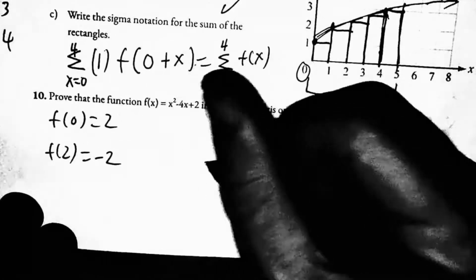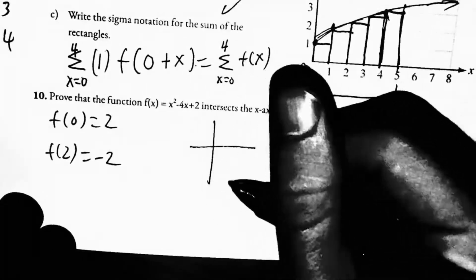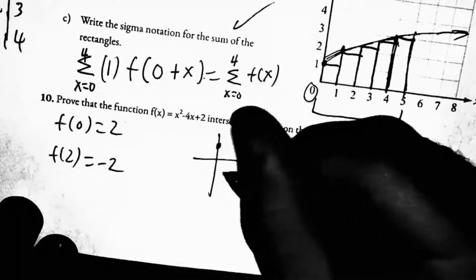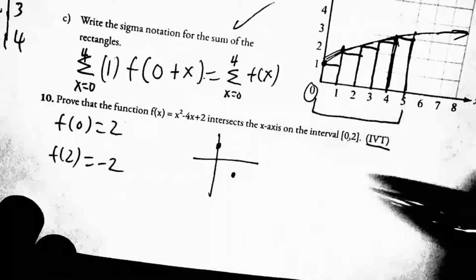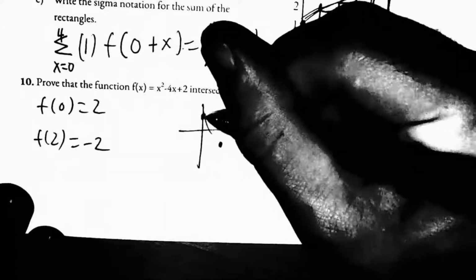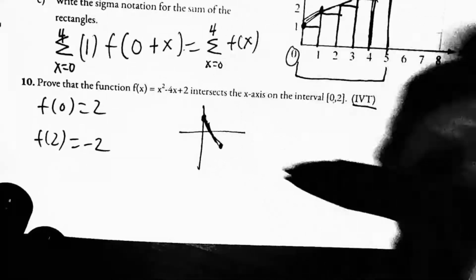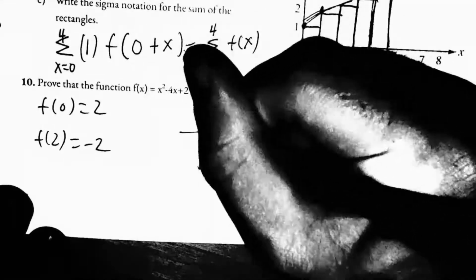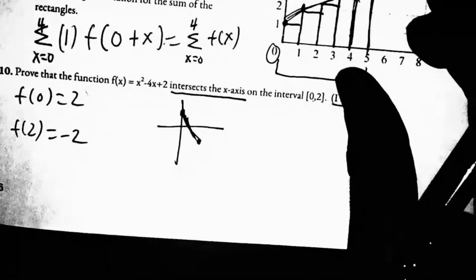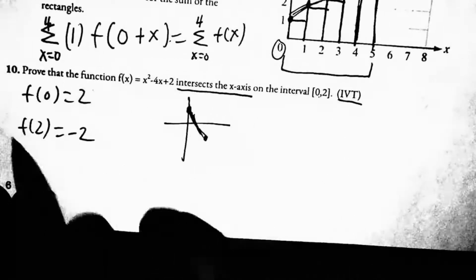That means, just visually, we're going from 0, 2 right here to 2, negative 2. Look what's happening. We are intersecting the x-axis right here. So what I did here is good.